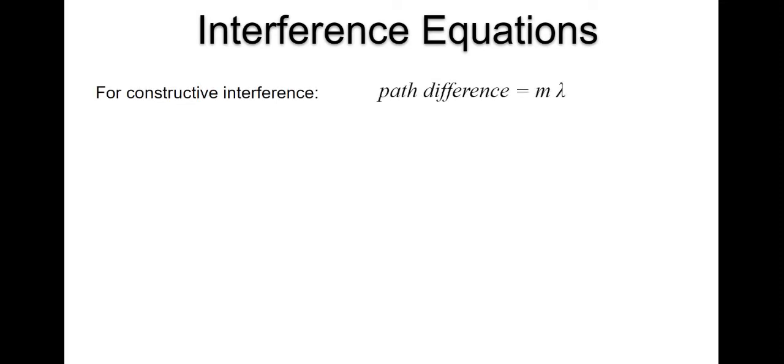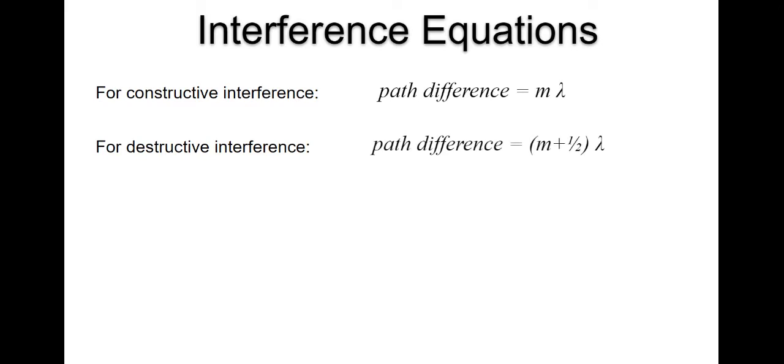And this all gives rise to 2 formulae, which allow us to decipher whether constructive or destructive interference is taking place. For constructive interference, the path difference is always a whole number of wavelengths. So in the formula, m means a whole number of waves. For destructive interference, the path difference is always a whole and a half number of wavelengths.